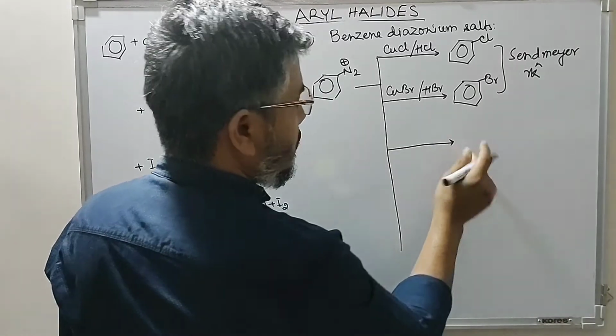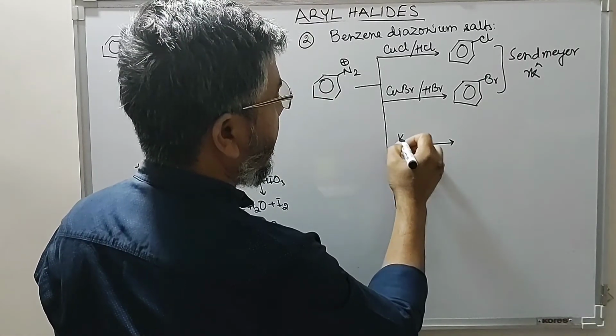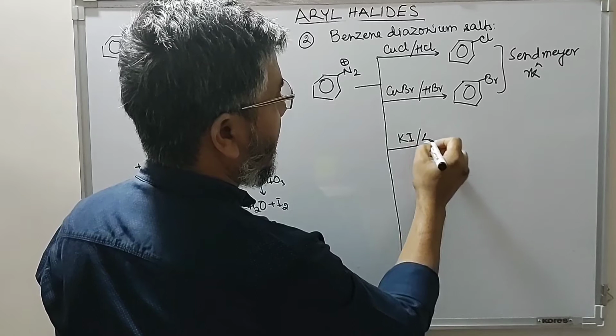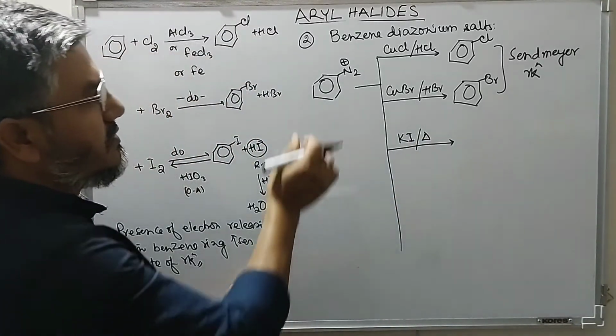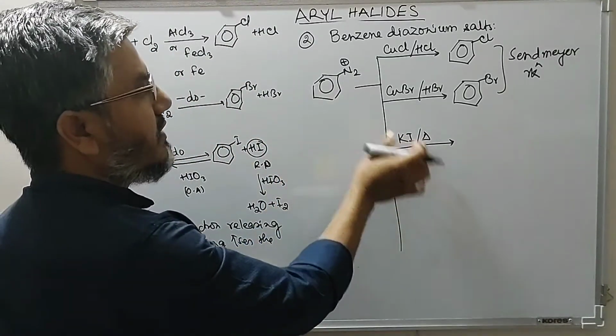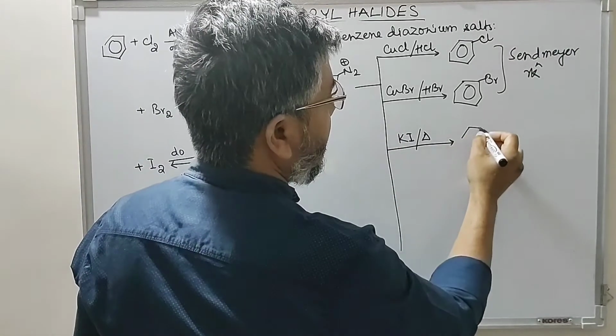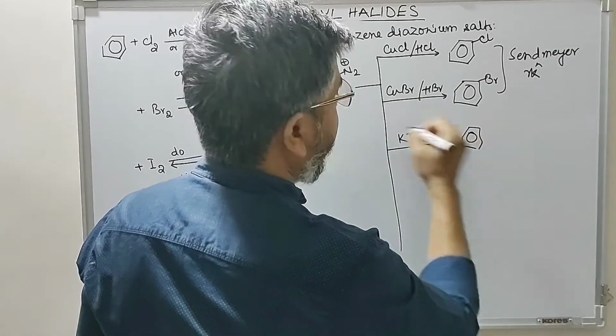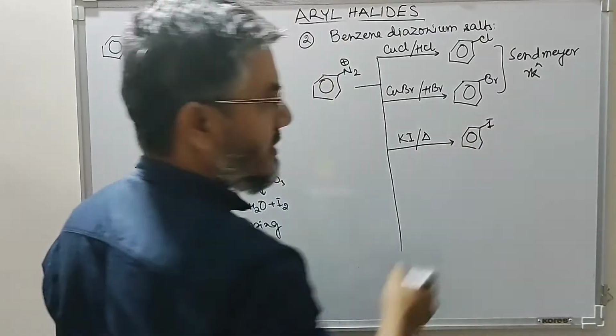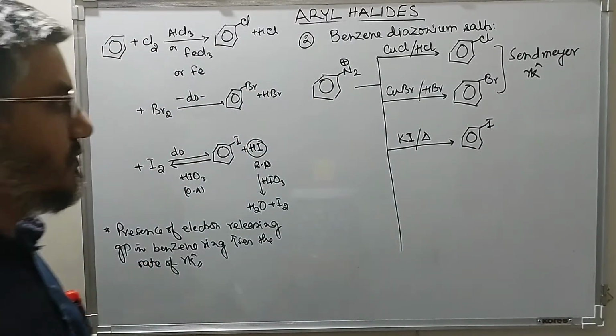When benzene diazonium salt reacts with KI followed by heating, nitrogen N2 is replaced by I, that is iodobenzene is formed.